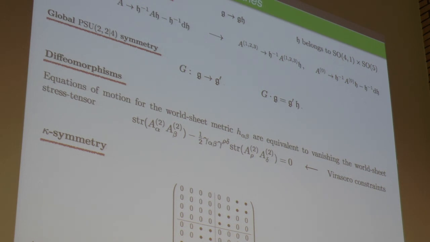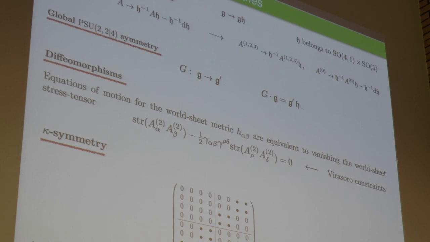This action, of course, is also invariant with respect to two-dimensional diffeomorphisms, as usual diffeomorphism invariant string theory should be. This gives rise to the Virasoro constraints, just like in the usual flat space. Components of the two-dimensional stress energy tensor must vanish, and this gives you the Virasoro constraints.